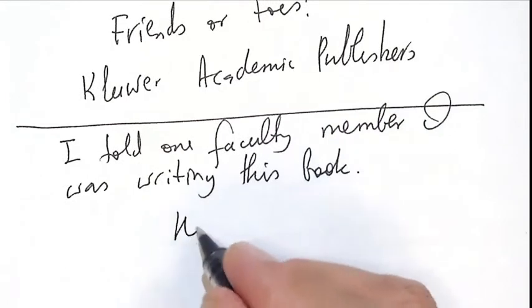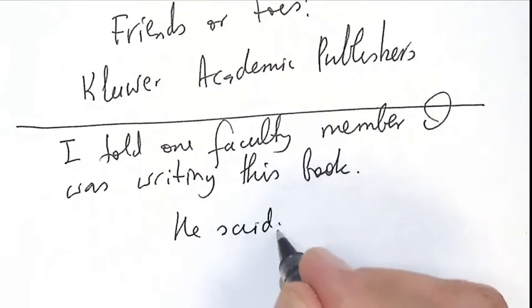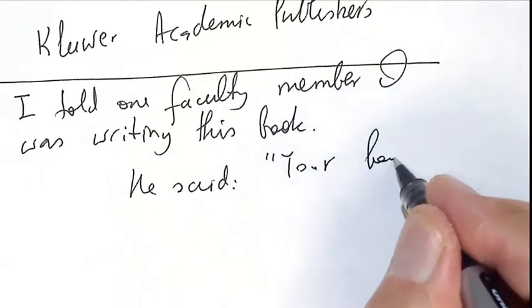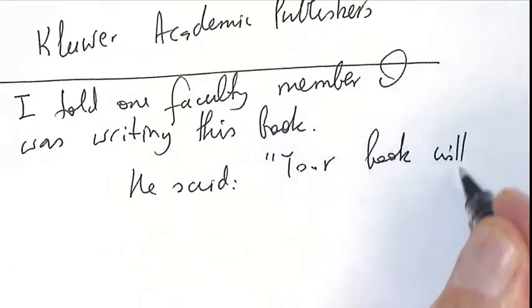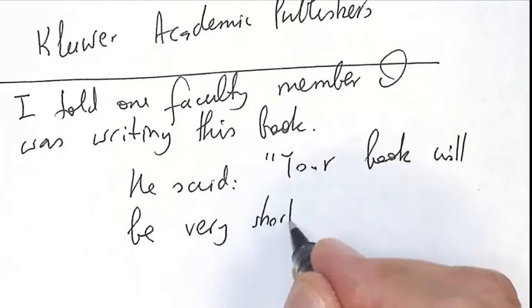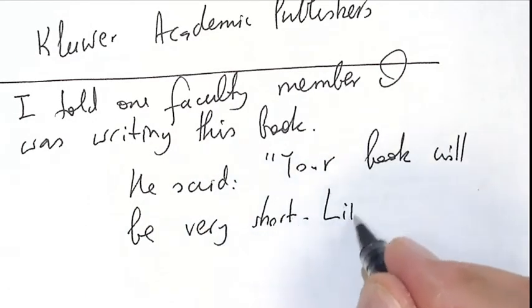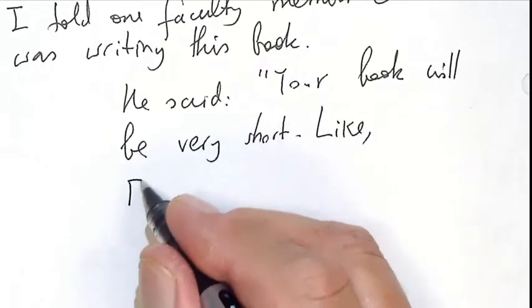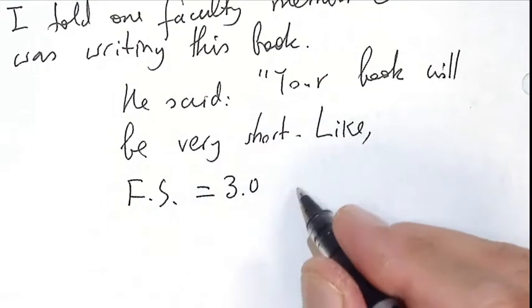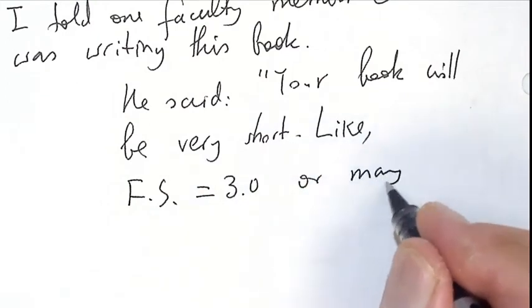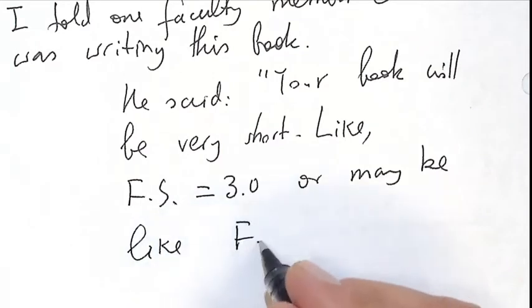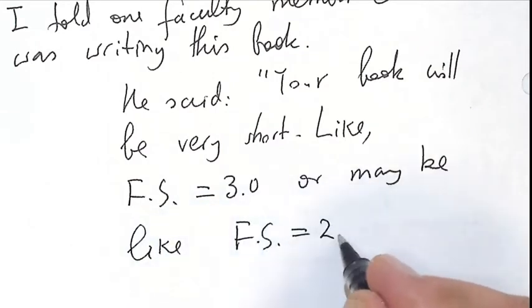He said, your book will be very short, like factor of safety equals 3, or maybe factor of safety equals 2.3.